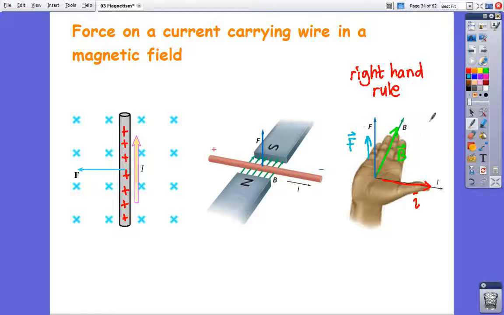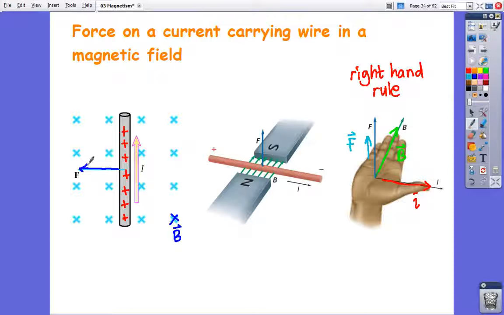From here we can apply this to another picture. Here the cross means the magnetic field moves away from us, or goes inside the paper. So, I is upward, B goes away from us, so the palm of our hand will be directed to the left.